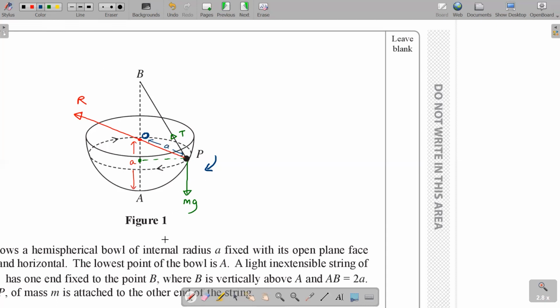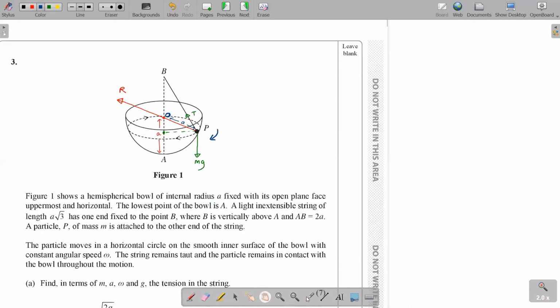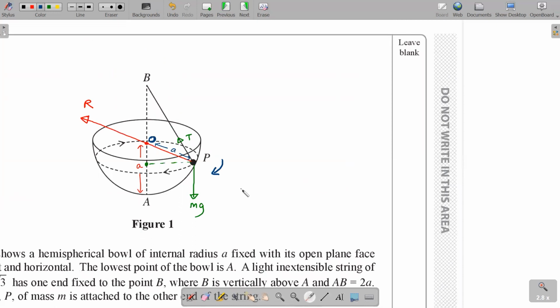Is that okay? And what else do we need? They have told us the length of the string is given. They have told us AB is 2A. AB whole length is 2A means we know O to A is A, which means O to B must be another A, and AB gives us 2A, the whole length.